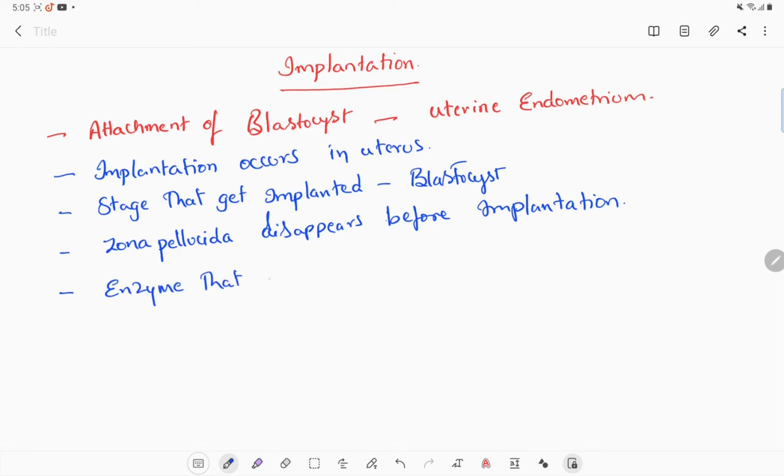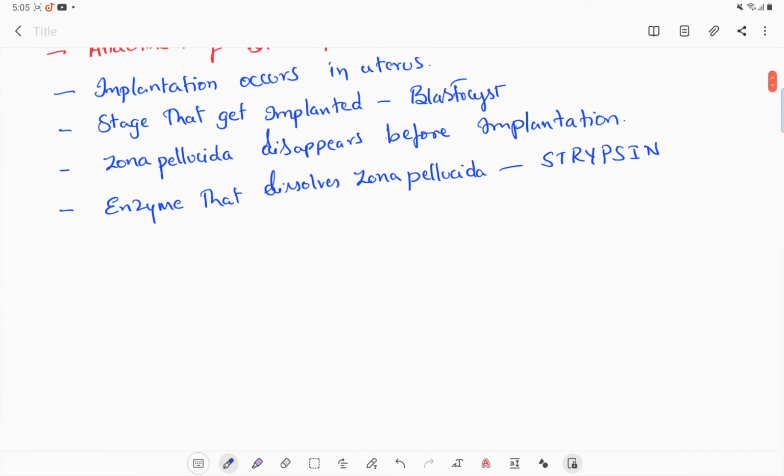The enzyme that dissolves the zona pellucida is trypsin. So this is the enzyme that dissolves the zona pellucida.